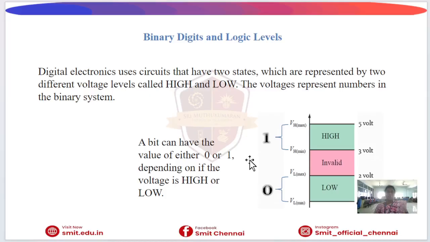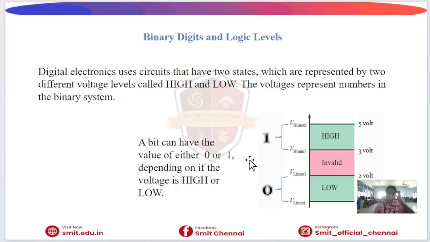They correspond to logic 0 as low and logic 1 as high. When we say a digital circuit stores or transmits a binary value, we mean it maintains a certain voltage level. So 0 volt may represent logic 0 and 5 volt may represent logic 1. If the voltage levels change over time, they form digital signals or digital waveforms.